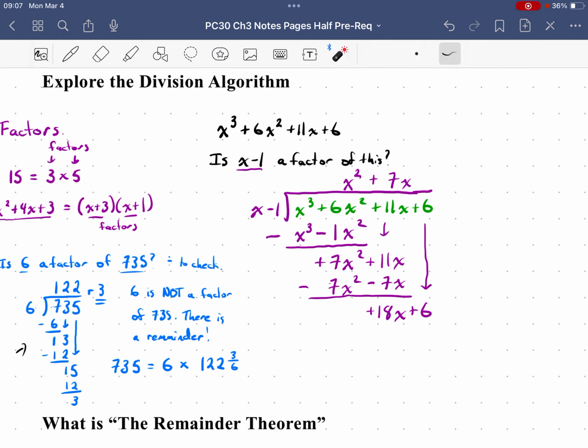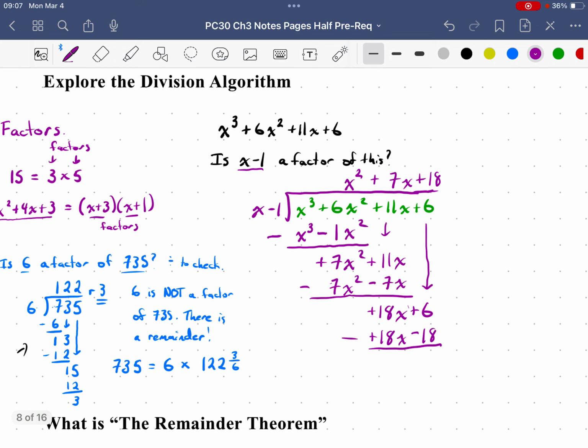And we repeat this process. This times this has to equal that. So this is going to be plus 18. Then we're going to get plus 18x minus 18 is equal to 6. And when we subtract, the 18x and the 18x are going to cancel out.